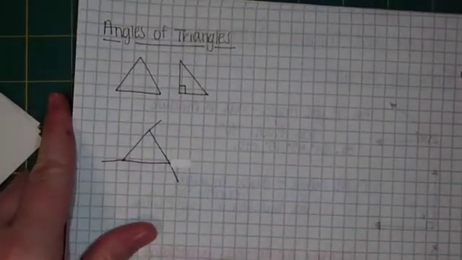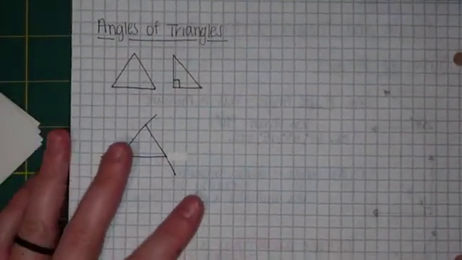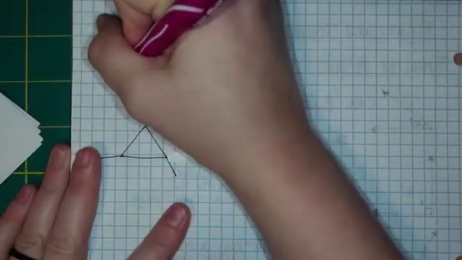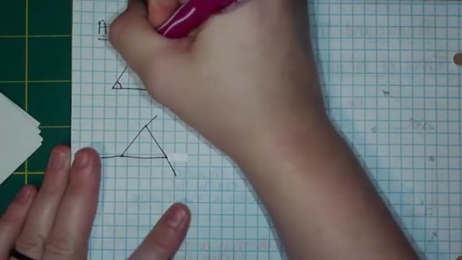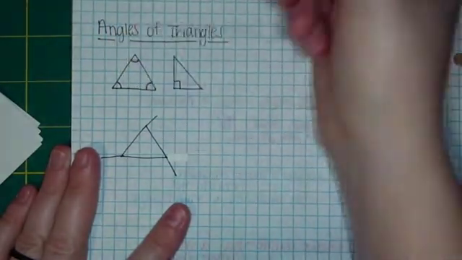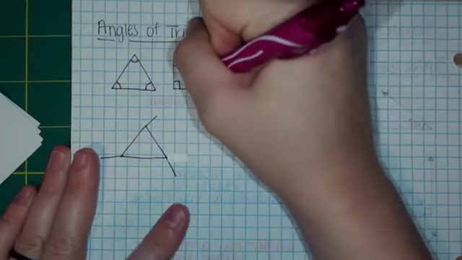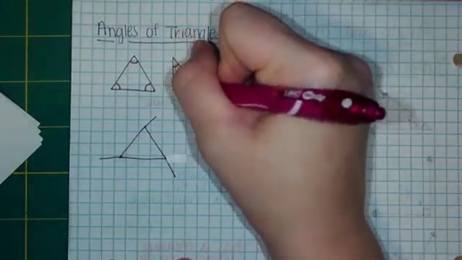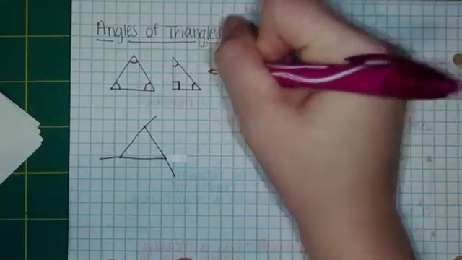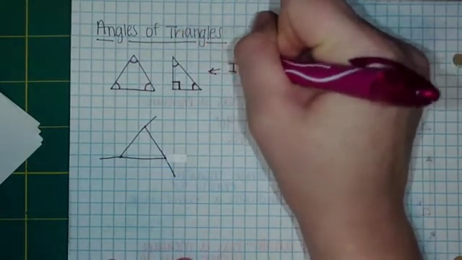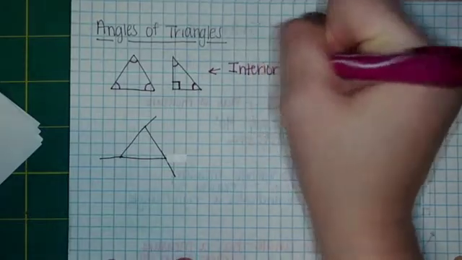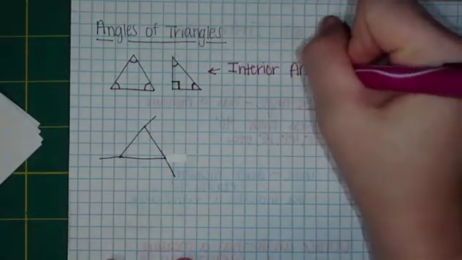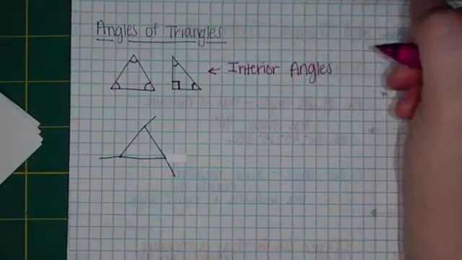Alright, so now we have angles of a triangle. If I'm talking about these angles right here, all of these angles, and you can mark them, you could highlight them, these are all called interior angles.